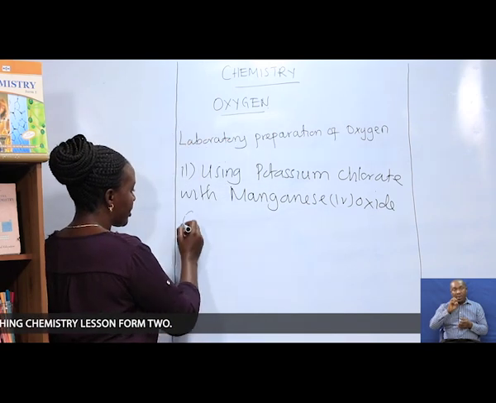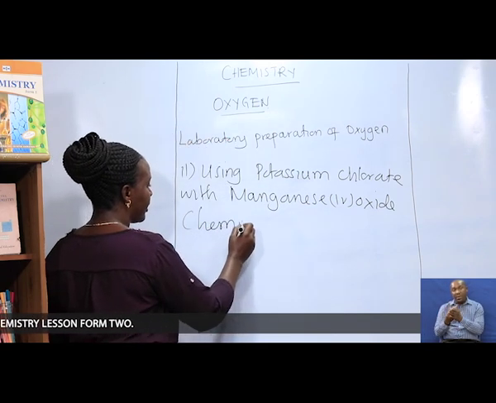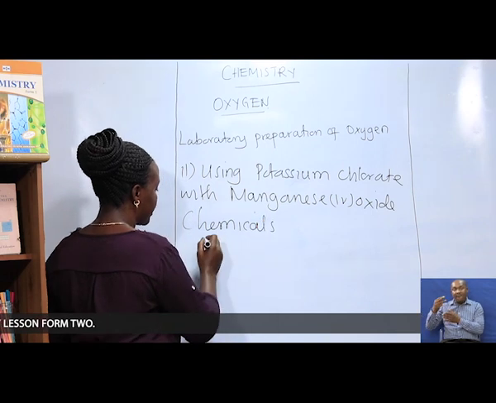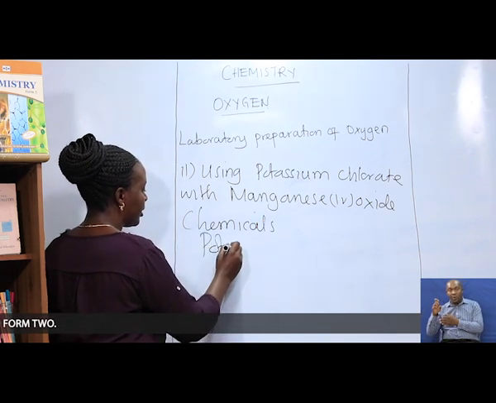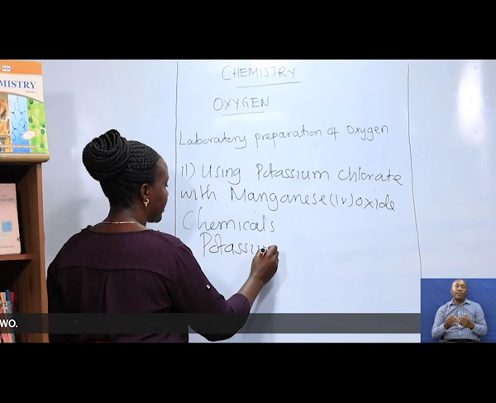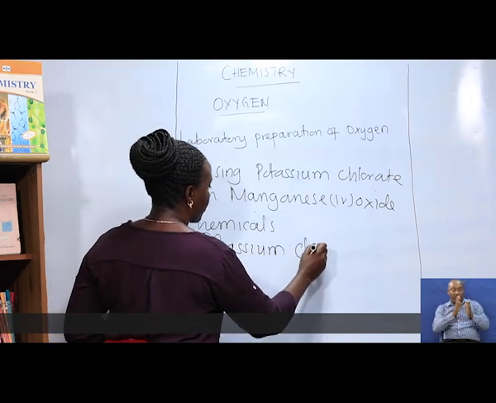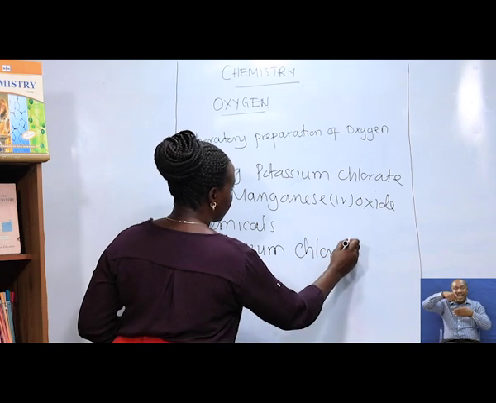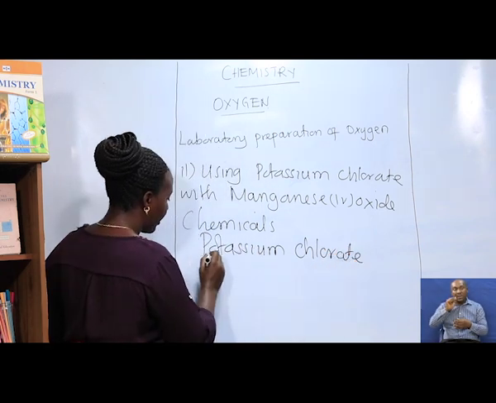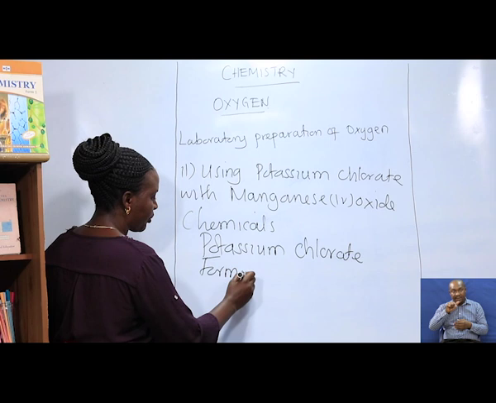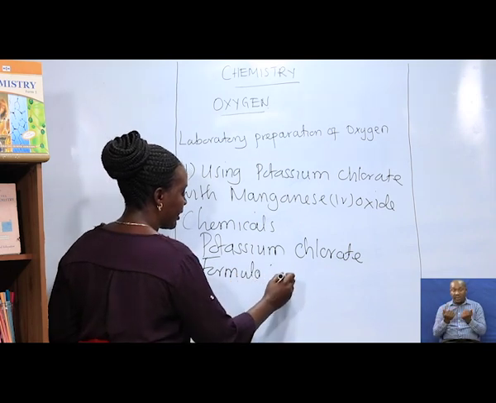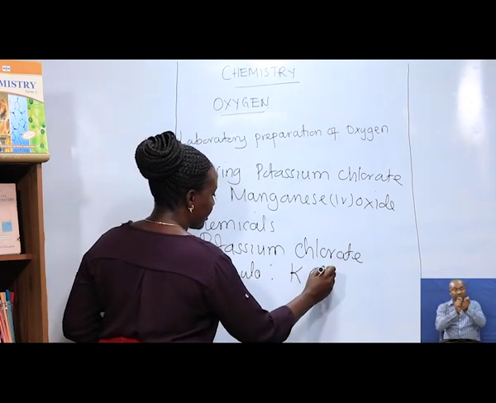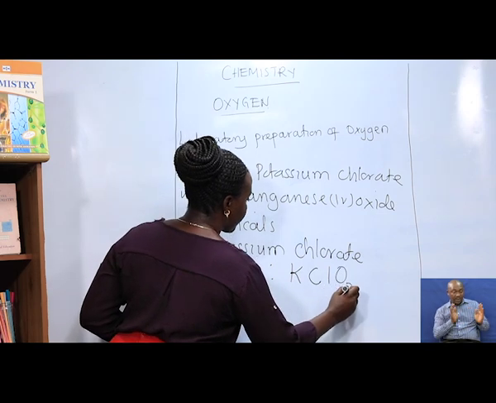Now, our chemical is potassium chlorate. The chemical that you're going to use is potassium chlorate. The formula for potassium chlorate is KClO sub 3.